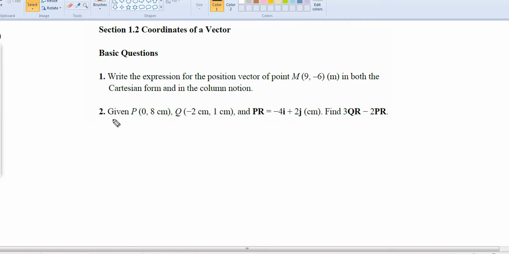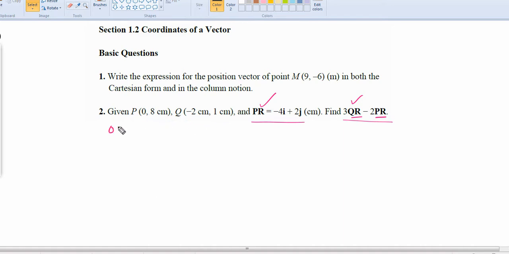Now we have the next question. It says, given P (0, 8), Q (negative 2, 1), and PR equals negative 4i plus 2j. These are the vectors that have been given to us, and we have to work out 3QR minus 2PR. In this one PR is already given, but we do not have QR. In order to find QR, let's write down the vectors P and Q in the Cartesian form.